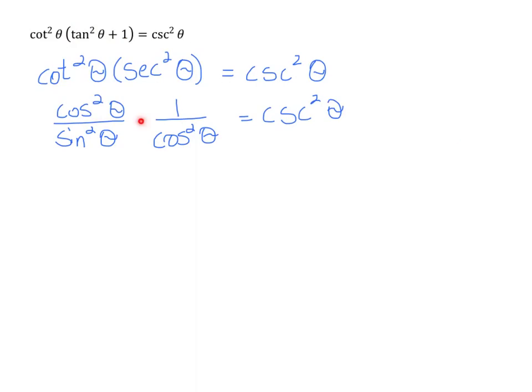Now, because I'm multiplying, I can cancel. And what happens when I do is that I'm left with 1 over sine squared of theta, proving that that's equal to the cosecant squared of theta, and we know that it is.